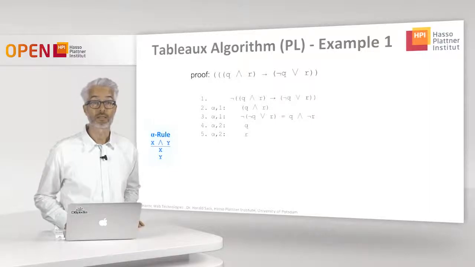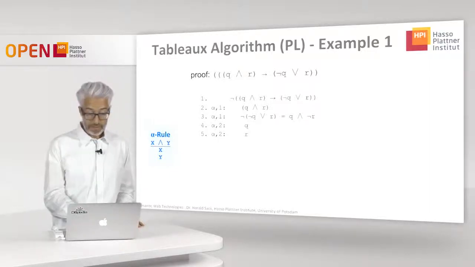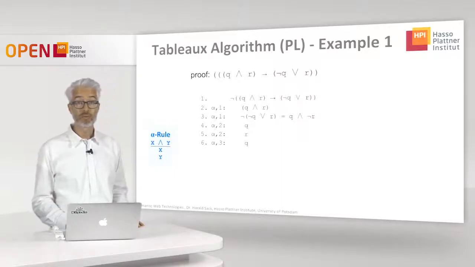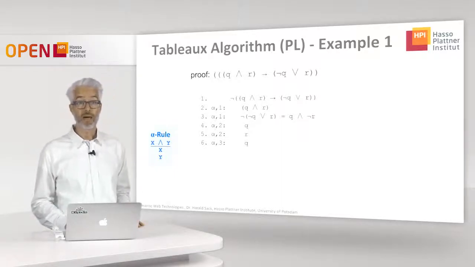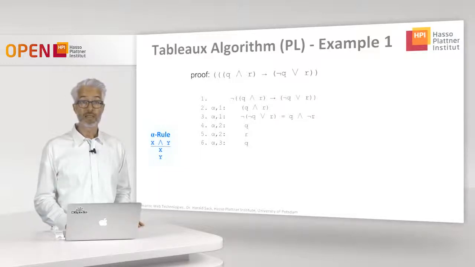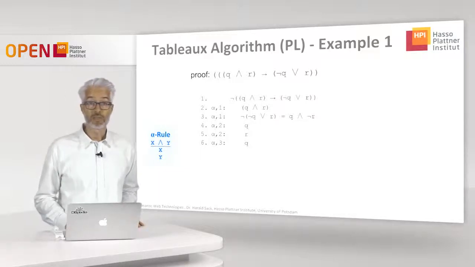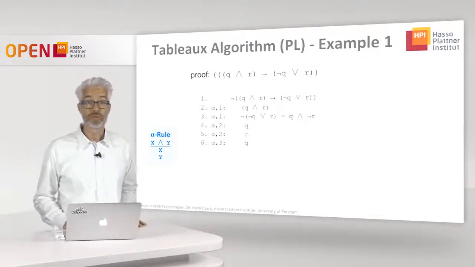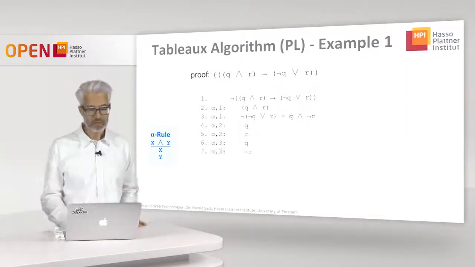Okay, nothing else. So let's go on. Let's consider the third row in our tableau. There we have q and not r. And of course, we can apply the alpha rule here. Then we extend the tableau with row number 6, which is q, and row number 7, which is not r.